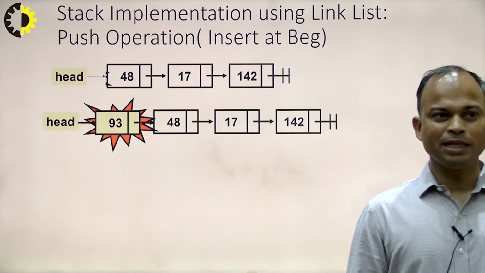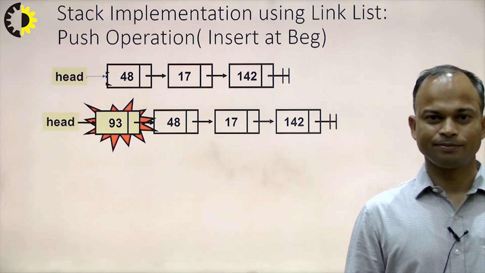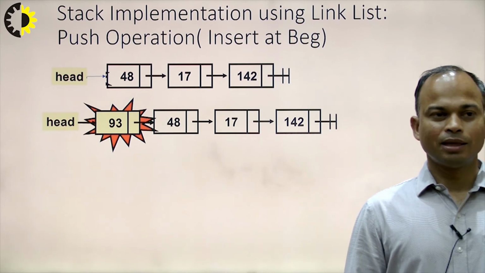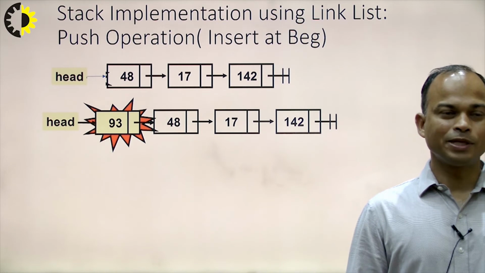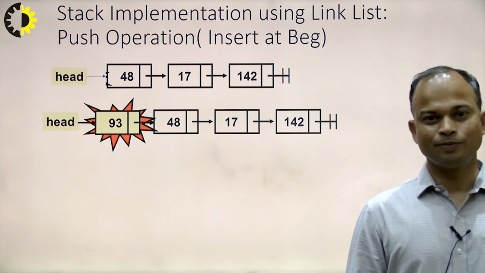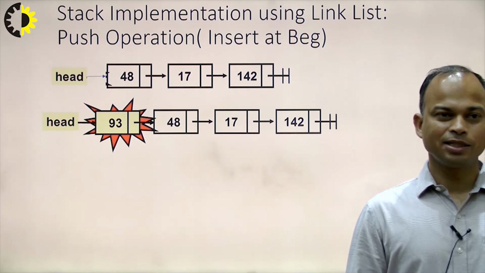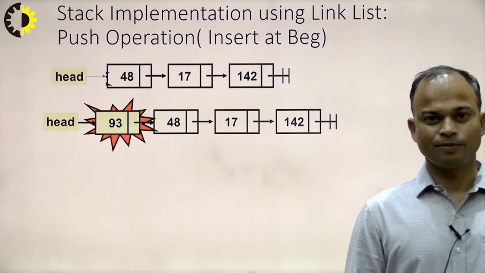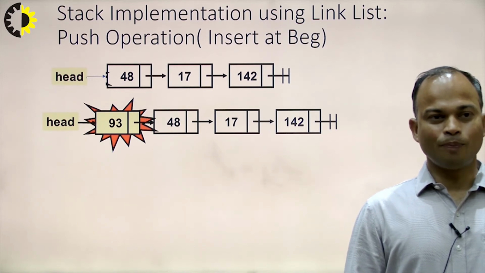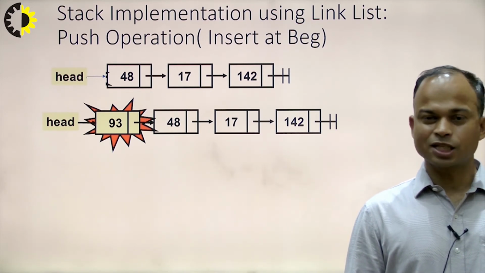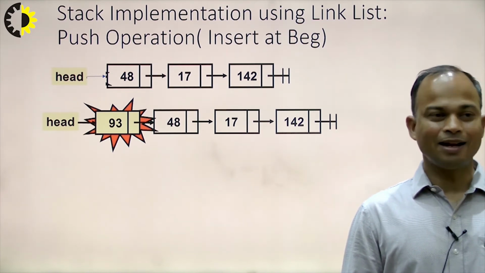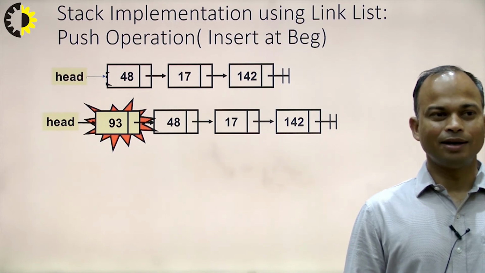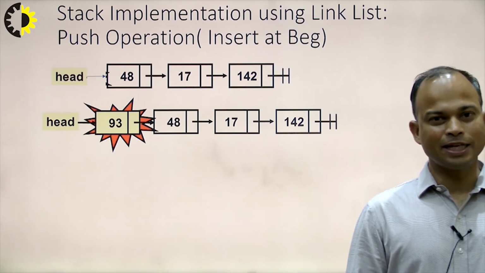Head represents the top, as top is the last inserted value. Top always points to the last value, because stack working is last in first out. Head is pointing to the last inserted node, which we inserted at the beginning.